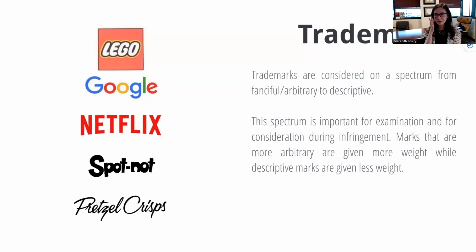Sometimes, nowadays, Spot Not probably would not go through for that kind of logo because it's just not enough. We see a lot of trademarks being filed, and so the more that are out there trying to use similar things, the more the trademark office is going to say, you've got to give me more to this trademark to get it through.